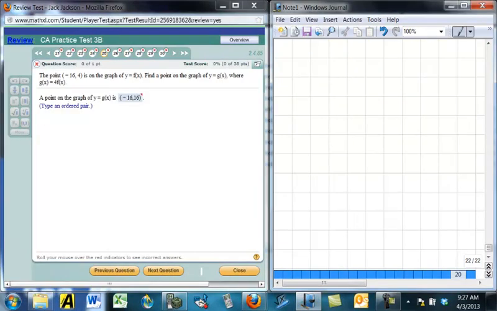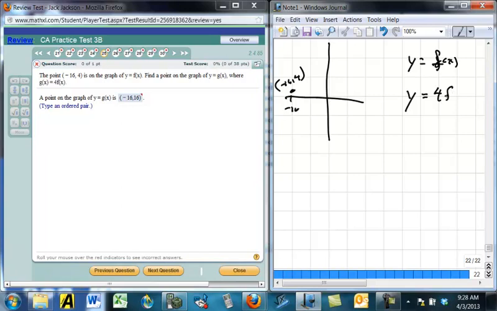Okay, so if we have a point (-16, 4) on the graph, and that's y equals f of x. And we're going to look at the graph of g of x, or y equals 4 f of x.